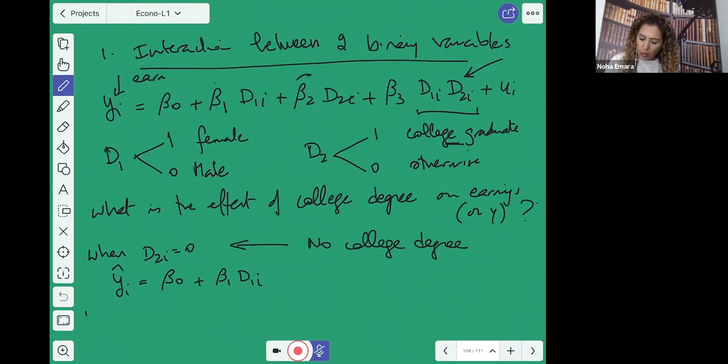Okay, now what if the person has a college degree? So D2i would be equal to 1.